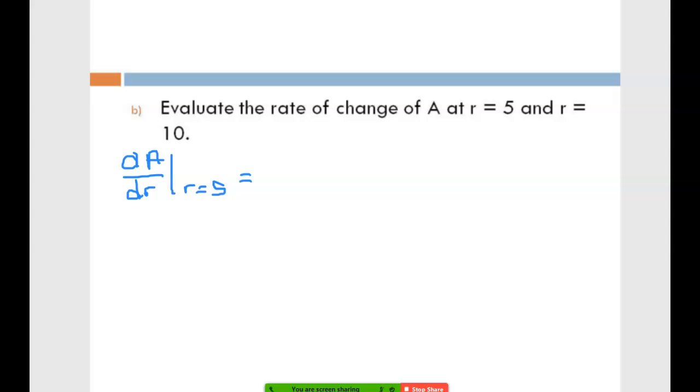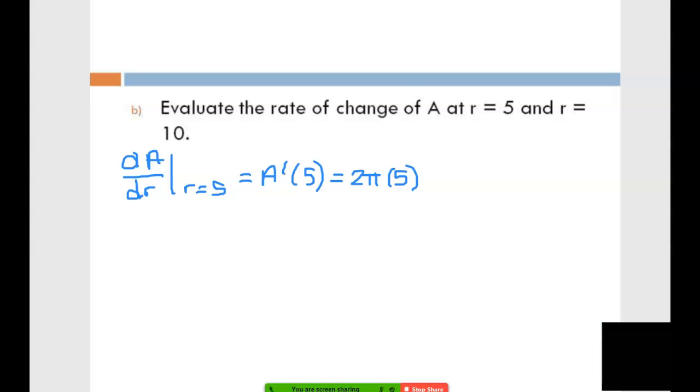You could also say A prime of 5, but ultimately you are looking at 2 pi times 5, which is 10 pi.